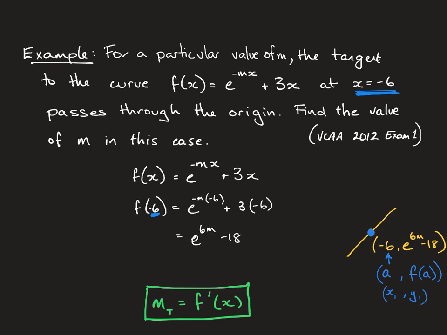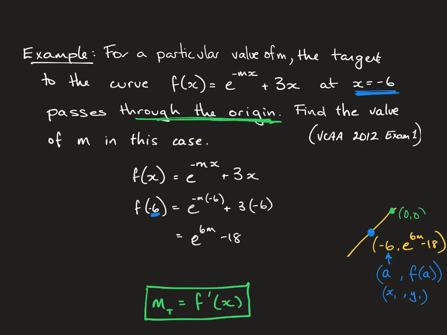But the other interesting thing that we can do here is that we know the tangent line goes through this particular point. We also know from the question that the tangent line passes through the origin. I have no idea which way the slope goes, but somewhere else along that line is the point 0, 0.